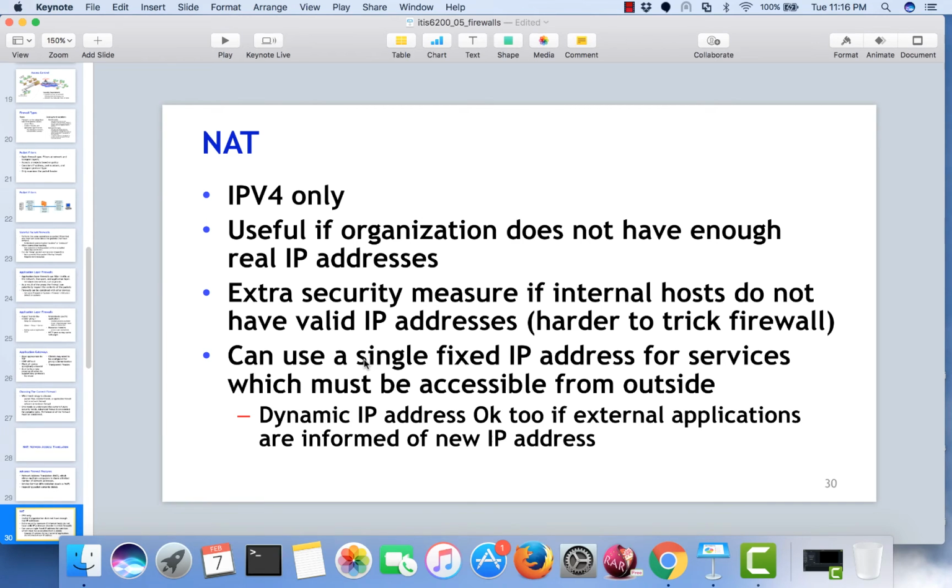You can use a single fixed IP address for services which must be accessible from the outside. Think of it like this. This is most people's homes. You purchase internet service from your ISP, and if you go to a command line or a browser and ask, what's my IP, it's going to give you an IP address.